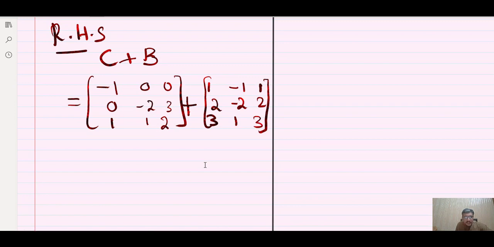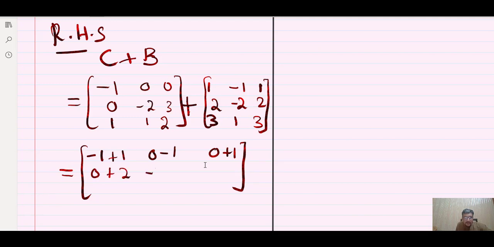You have to add these two matrices. If you add these two matrices, you will get minus 1 plus 1, 0 minus 1, 0 plus 1, and in the next row 0 plus 2, minus 2 minus 2, and then 3 plus 2, and now we have to add the third row: 1 plus 3, 1 plus 1, 2 plus 3.